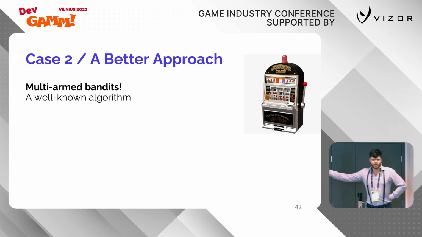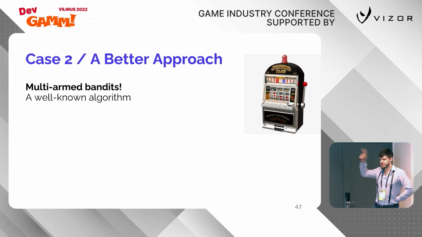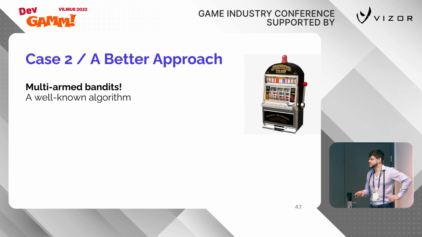Who knows what I'm going to talk about now? Oh, okay, I see some arms. That's interesting. That's a set of well-known algorithms. They are widely applied, but not in the game industry. Because of that, I'm here.